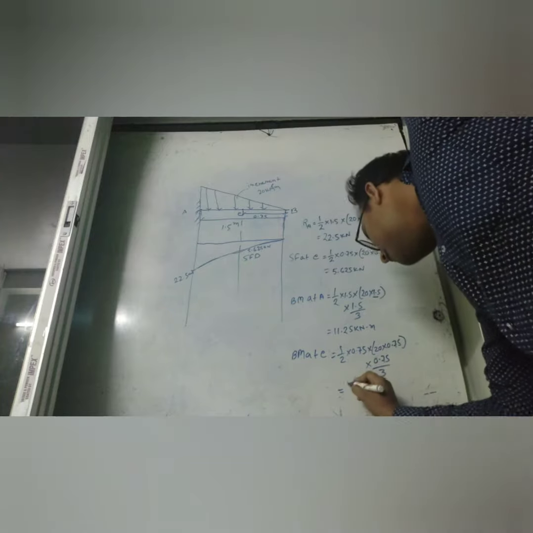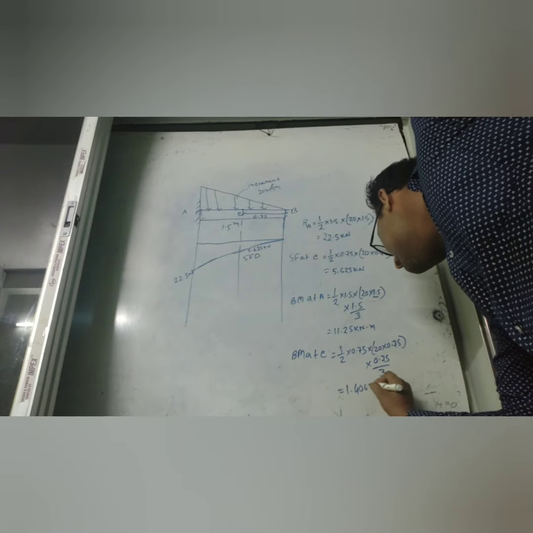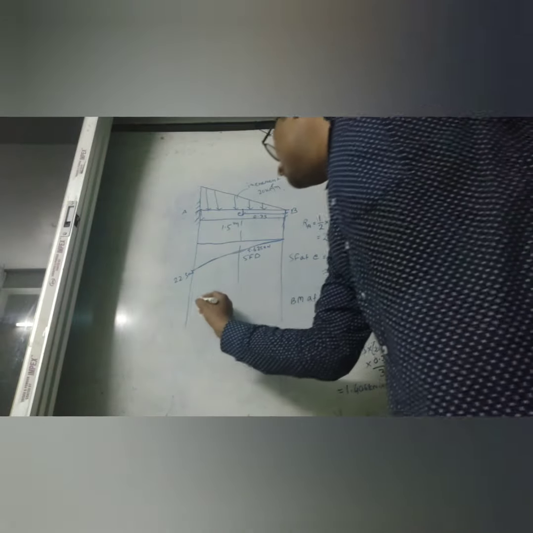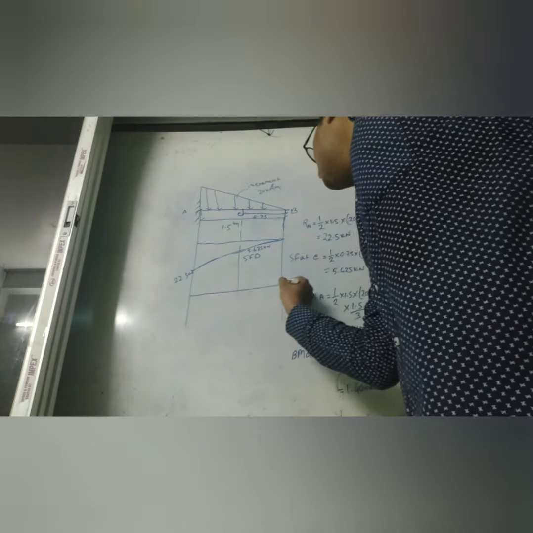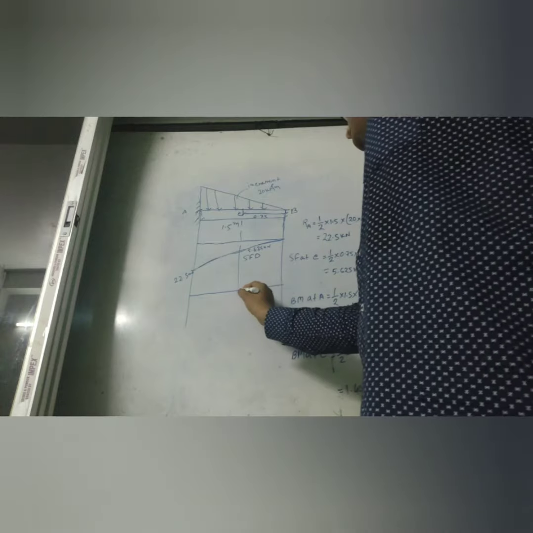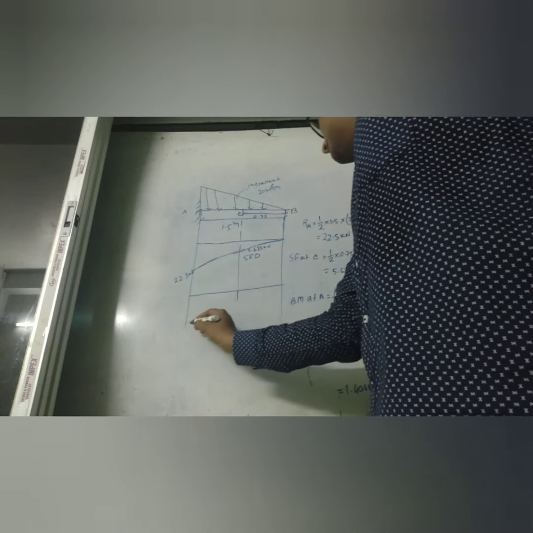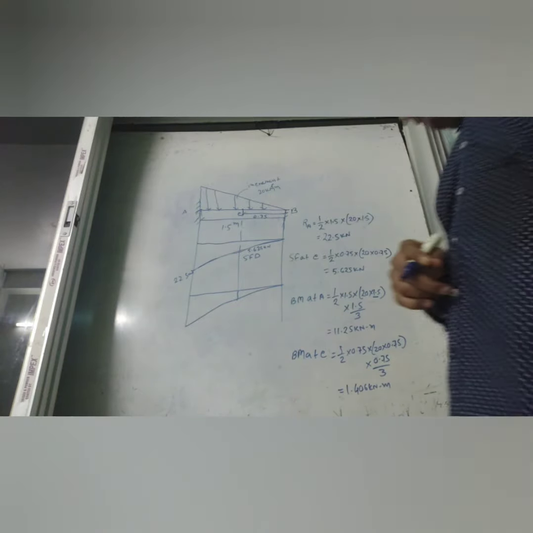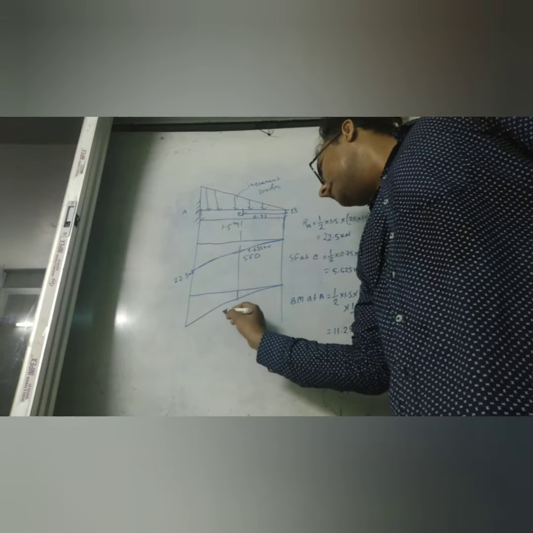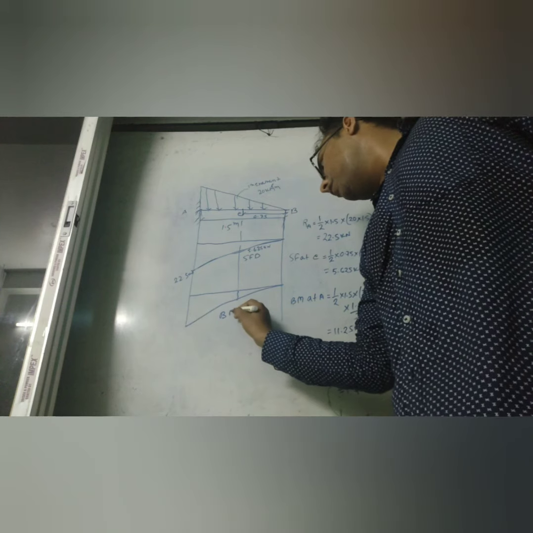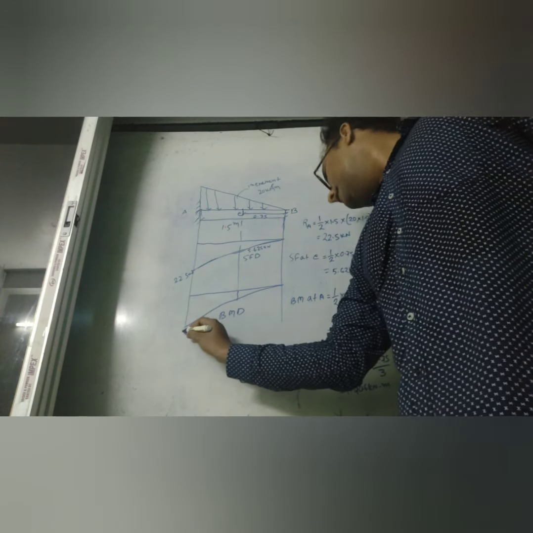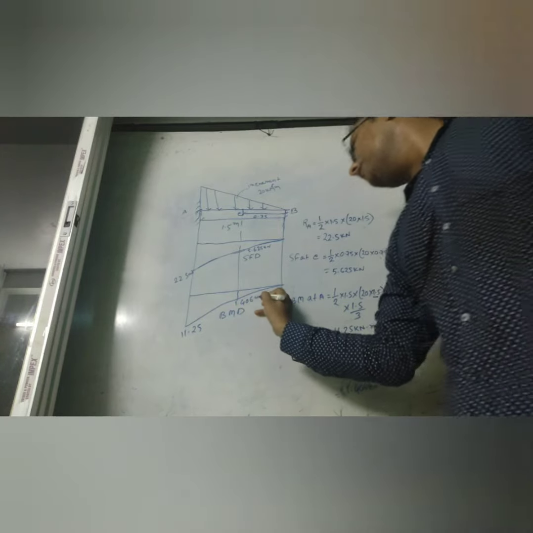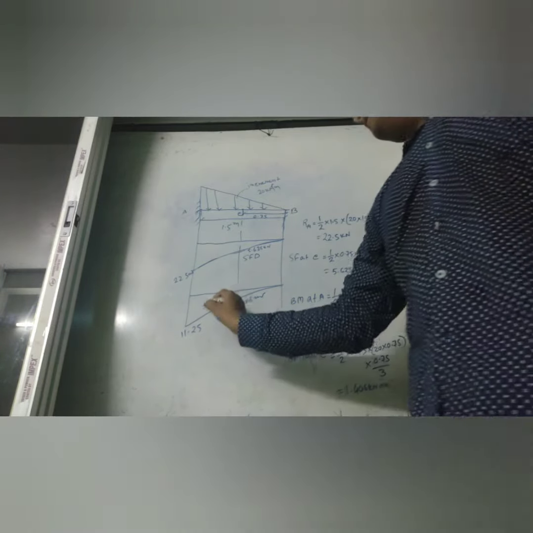Our answer is 1.406 kilonewton meter. Okay, now I draw the bending moment diagram. This is 1.406 and this is 11.25. Both have the same shape, not the same value, BMD and SFD: 11.25 and 1.406 kilonewton meter. Okay, negative.